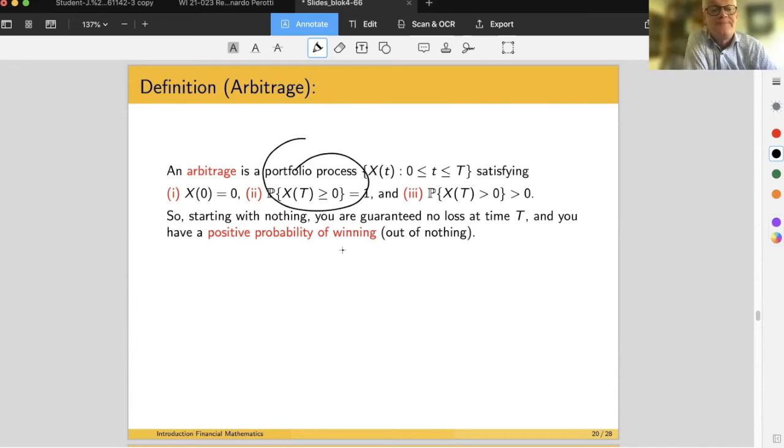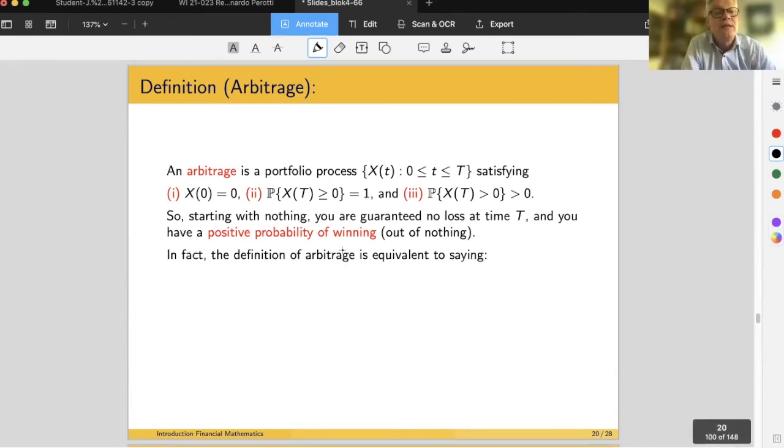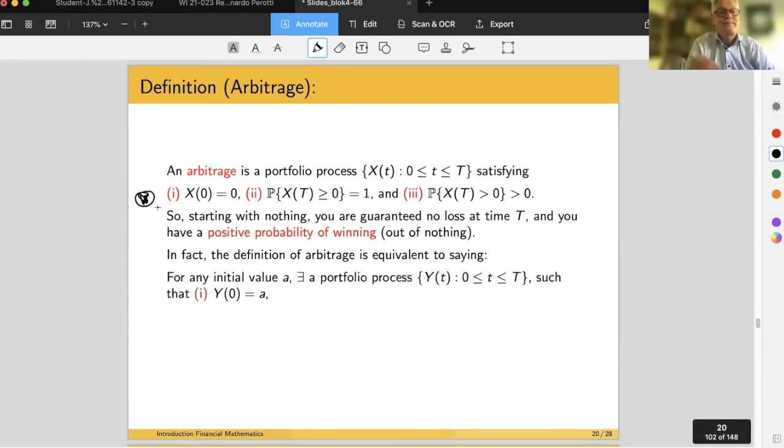Well, there is a reformulation possible. So the definition of arbitrage is equivalent to this other definition. If we call this definition star, then this is equivalent to saying for any initial value A, there is a portfolio process which we now call Y(t), and again little t is between 0 and capital T, such that, first of all, Y0 is A, so there is an initial value.